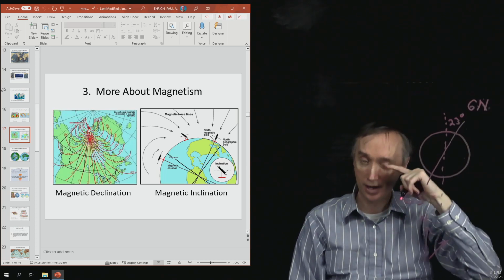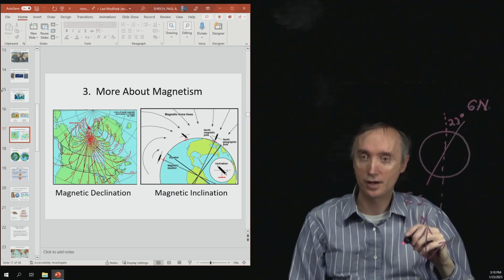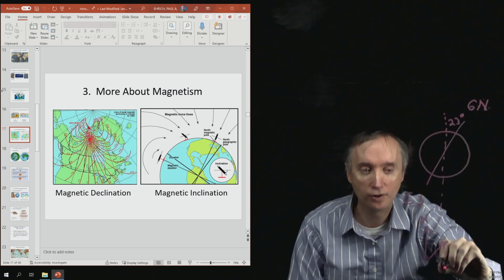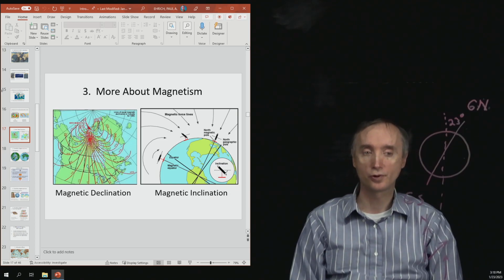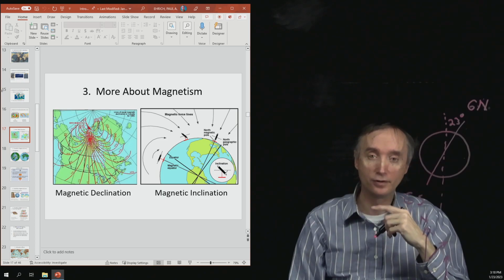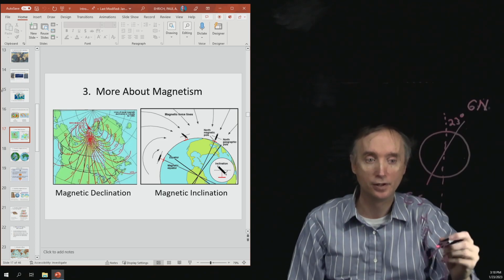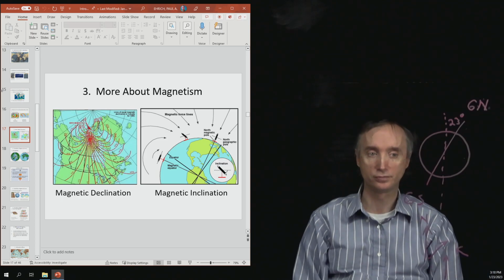Now, if on the other hand you lived in the central part of the United States, your compass needle would be pointing this way, pretty much the same direction as the geographic north. But if you lived over in Hudson's Bay, your compass needle would be pointing in this direction.